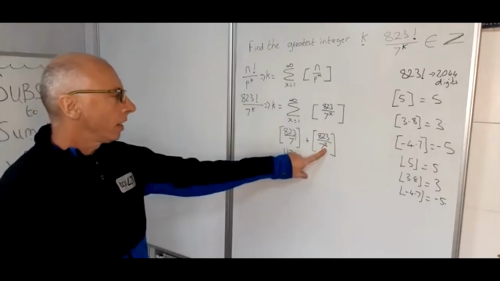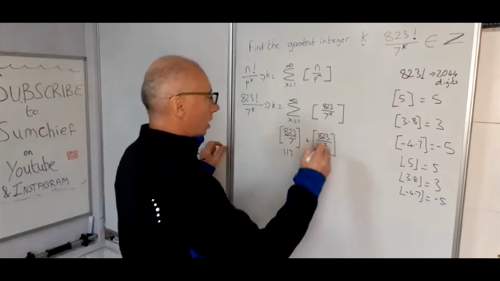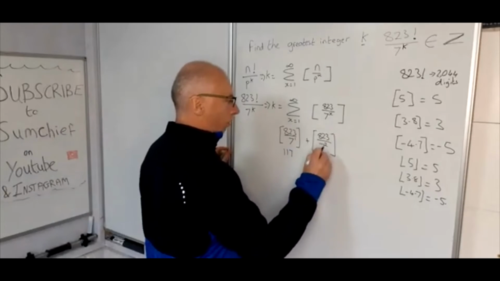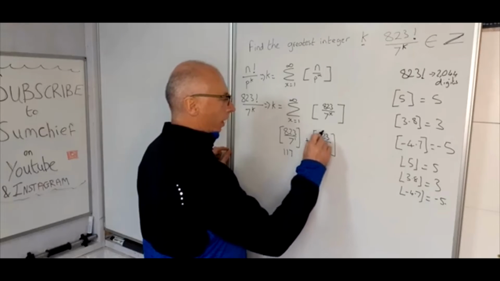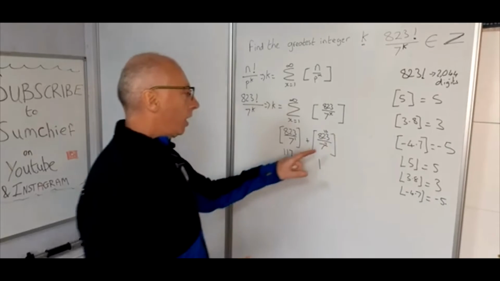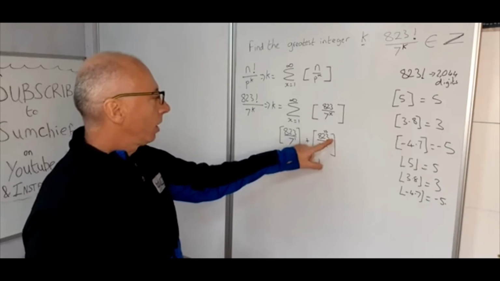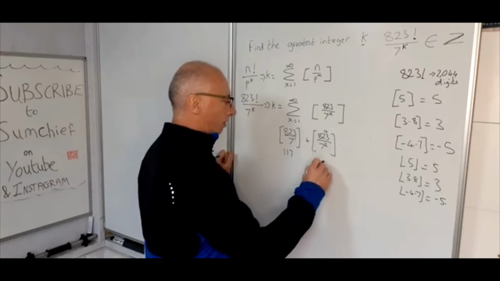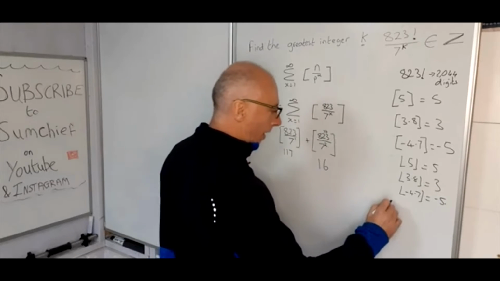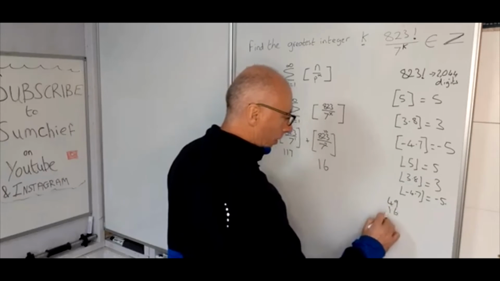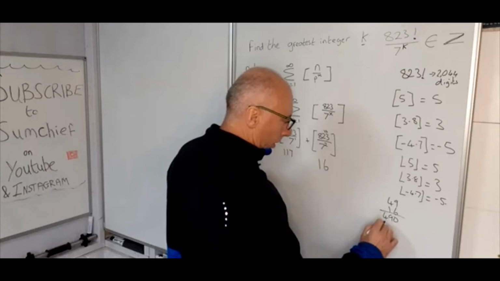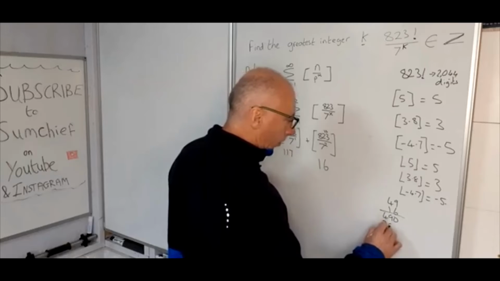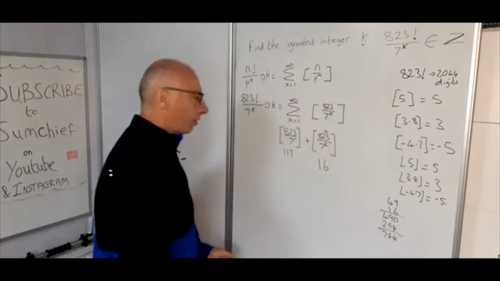So 49s into 823, well, we get 1 with 33 left over. 49s into 333, that's going to be 16 altogether, isn't it? 16 times 49, let's just work that out. 49 times 16: 490, 294, that gives us 784. So yeah, that's perfect for us. So that's 16.